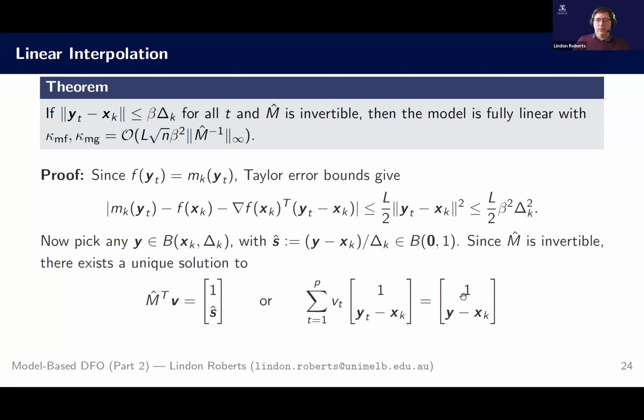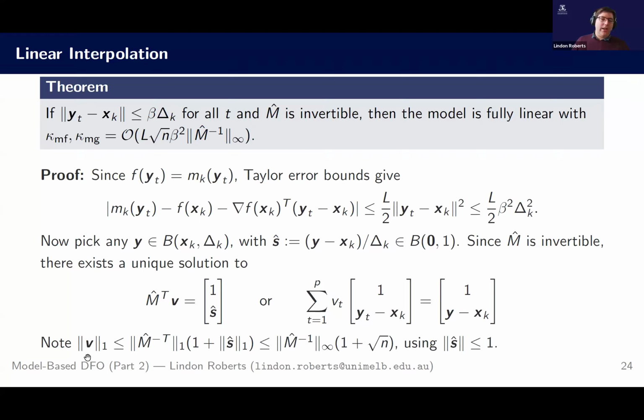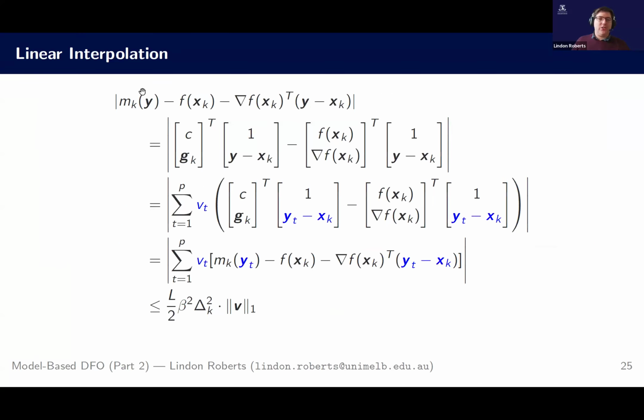So the vector of 1 and y minus xk is written as a linear combination of 1 and yt minus xk. So it's a linear combination of our interpolation points. Once you do that, we can get an upper bound on V based on the norm of m hat inverse here. Once you go through all that calculation, the error between our interpolation model and the Taylor error is controlled by an order delta squared term, and the one norm of V appears in here as well.